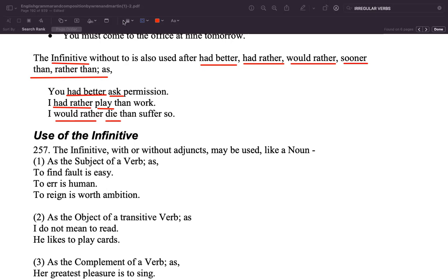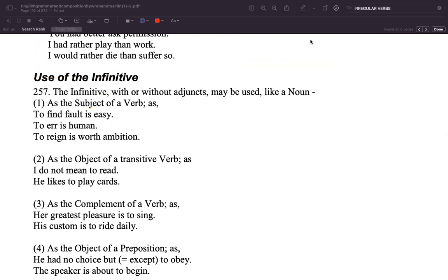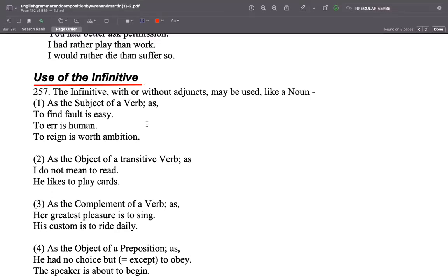So the idea of telling you this is, what is the infinitive? Now you must understand that not only a noun can be used as a subject of the verb or object of the verb. It can be a pronoun or it can be a verb also, infinitive verbs, right? So how do we use the infinitive?